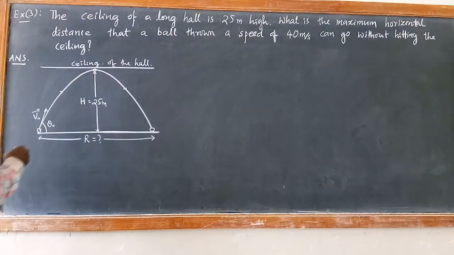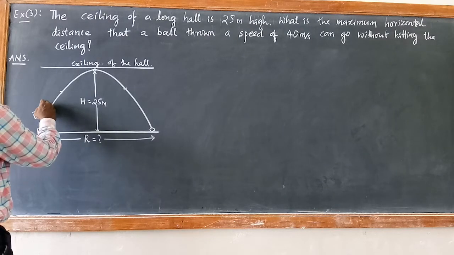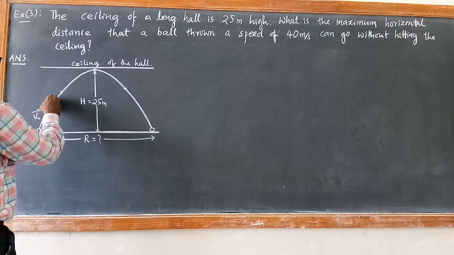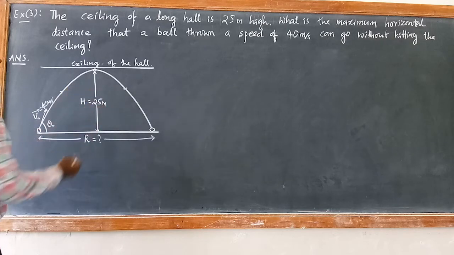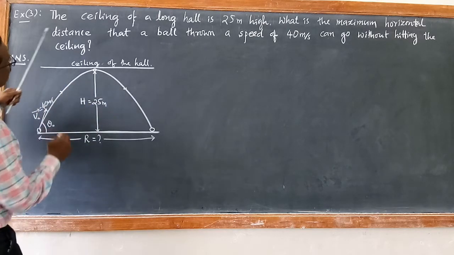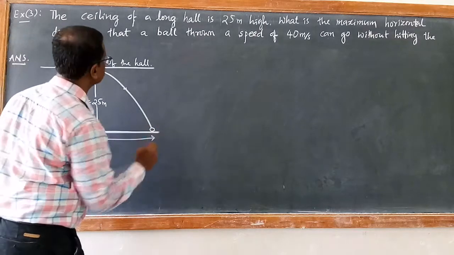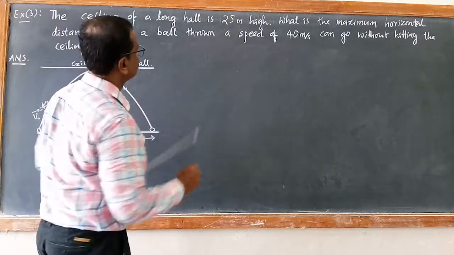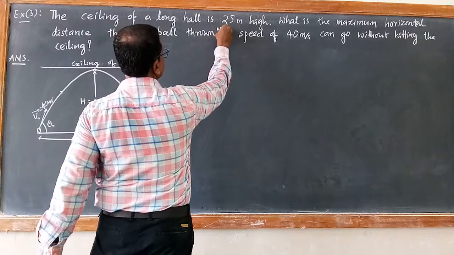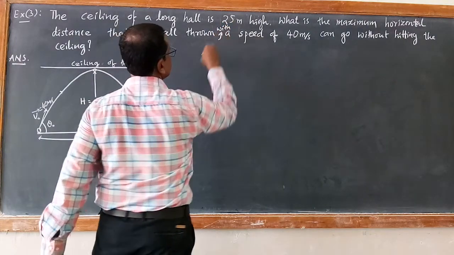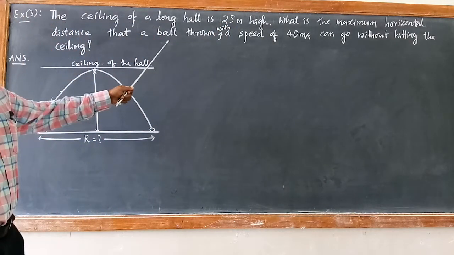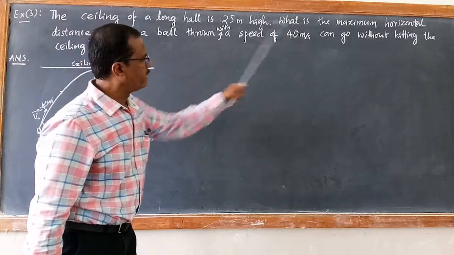If the ball is thrown with 40 meter per second, what is the maximum horizontal distance that the ball can cover without hitting the ceiling?